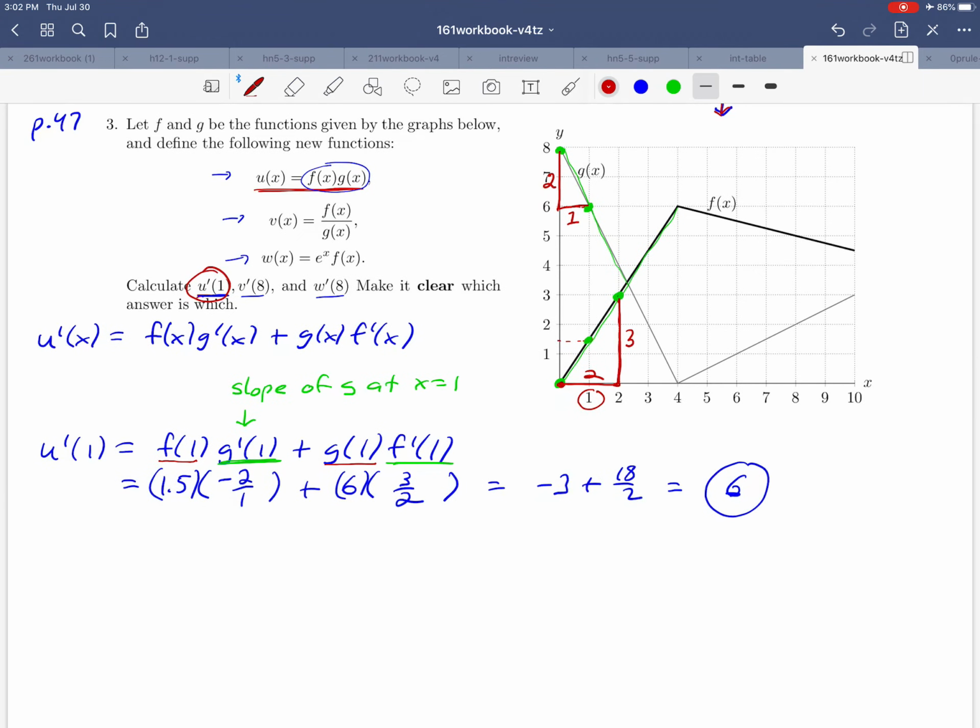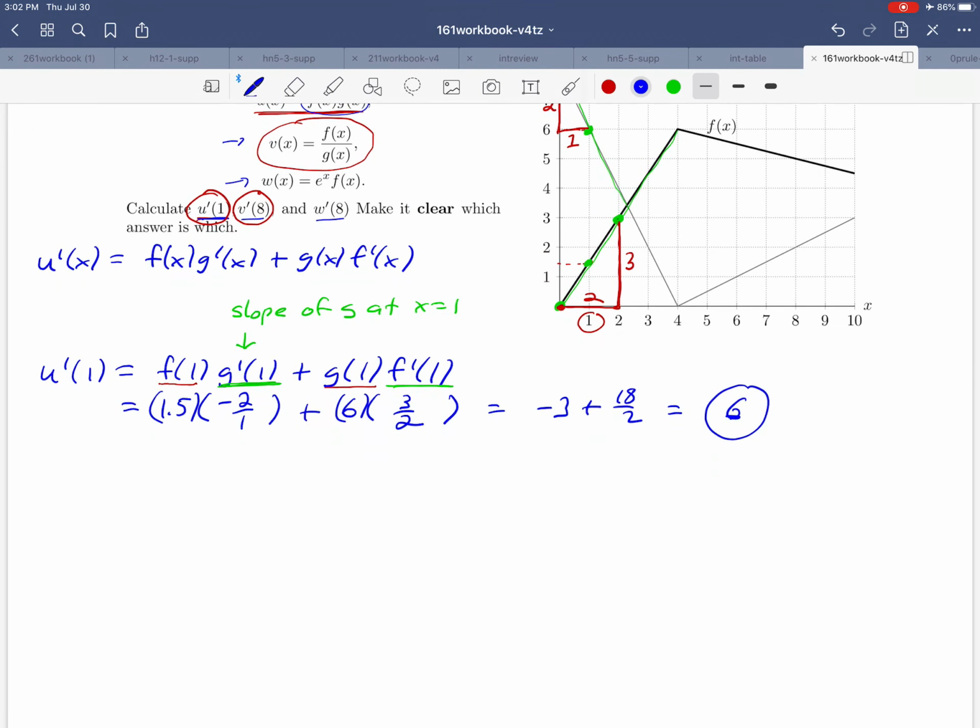Okay, and so now we're ready for the next piece. What about v prime of 8? Well, the formula for v is sitting here. It's f of x over g of x, so to take that derivative, we're going to need the quotient rule. All right, so that means that v prime of 8 is going to look like, if we apply the quotient rule, low d high minus high d low.